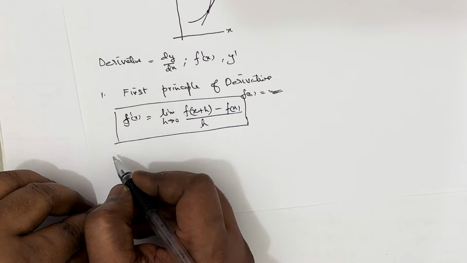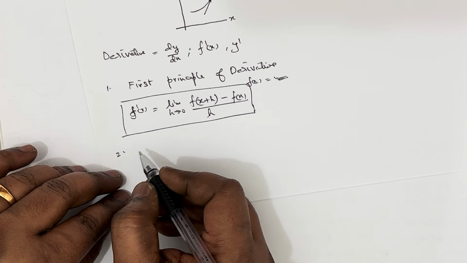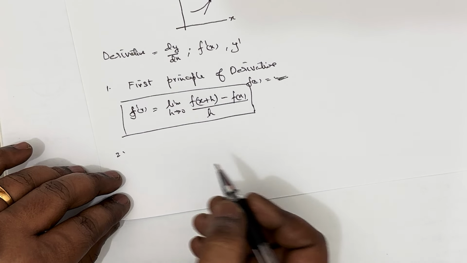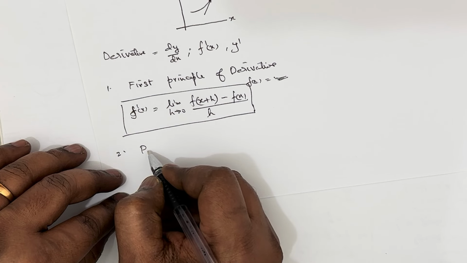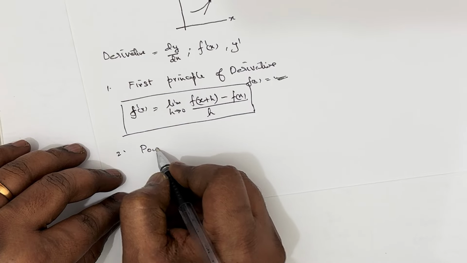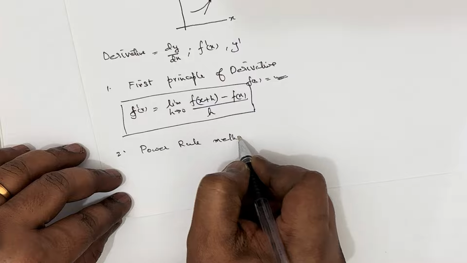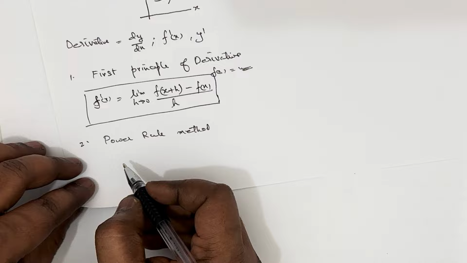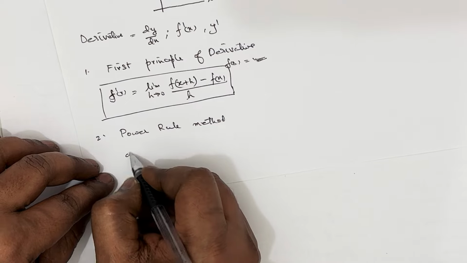And the second one, most commonly used, which we'll be using in all the remaining chapters, is the power rule method. Here the notation most commonly used is dy by dx.